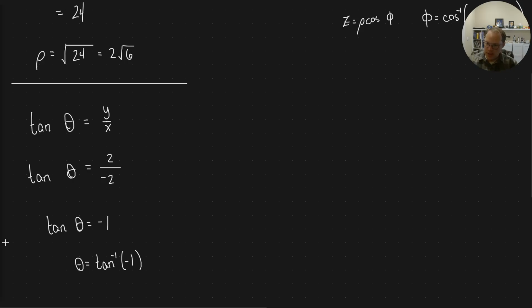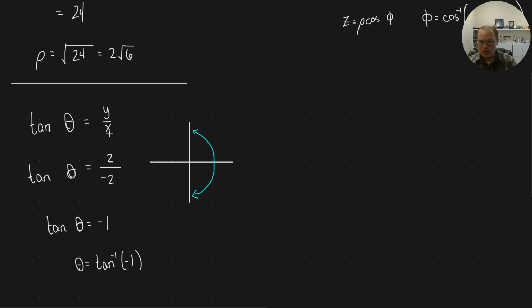Now you want to be careful here. Remember, these arctrig functions are tricky because they only output angles in certain ranges. Arctangent is only going to output angles between negative pi over 2 and pi over 2.